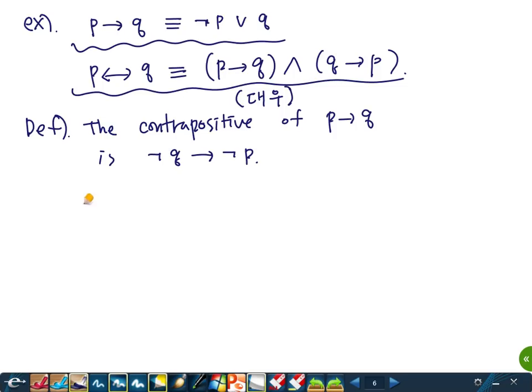And you probably remember this fact. A conditional proposition is equivalent to its contrapositive. If P then Q is equivalent to its contrapositive.